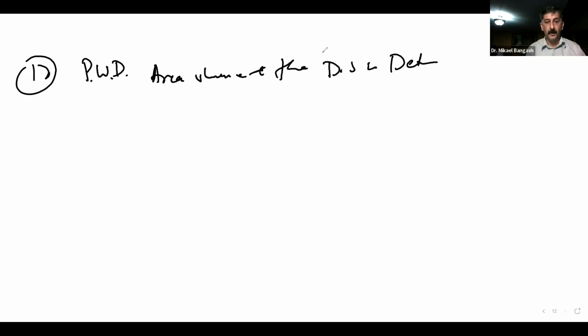Whenever we turn on pulse wave Doppler, you will see this coming on, which is called the sample window.